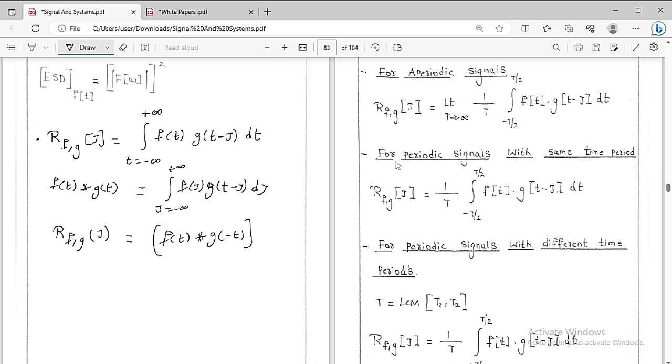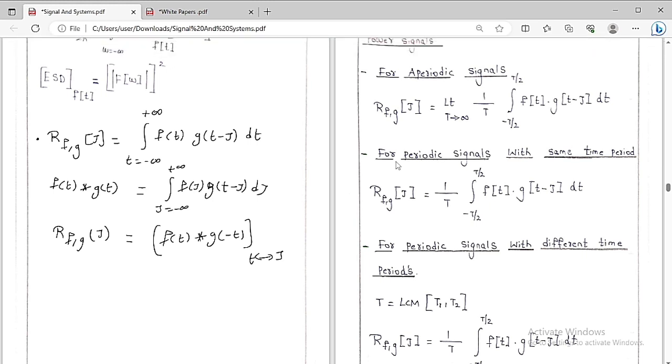Finally, replace t by tau and tau by t. I already proved this for you. So we do the convolution between these two things, and finally interchange t by tau and tau by t. Then we get this expression that we get here.